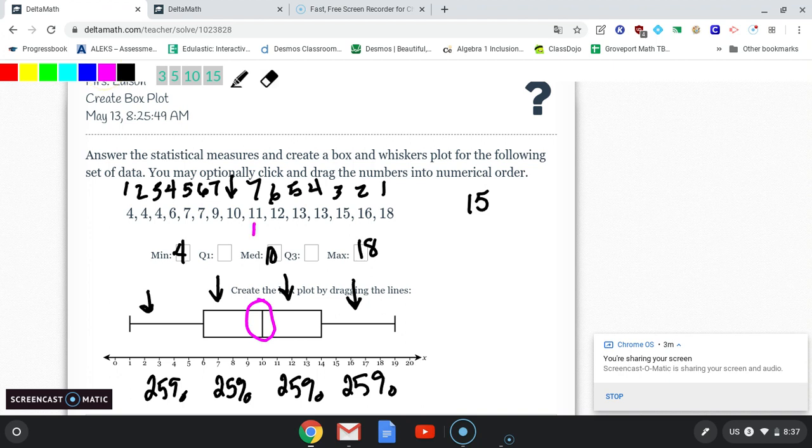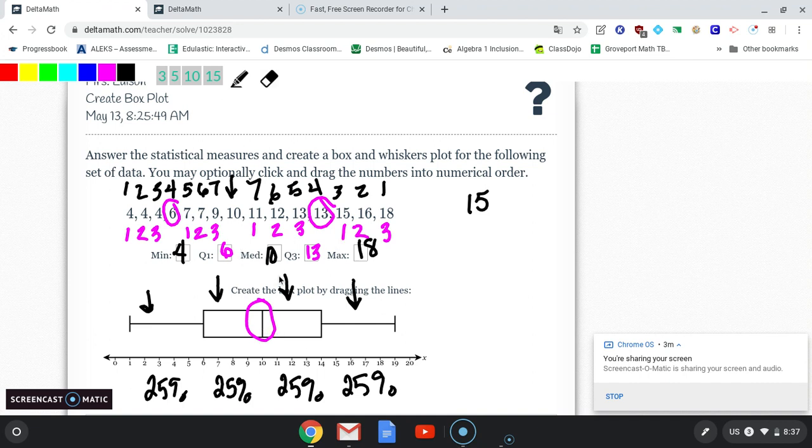So I have 1, 2, 3, 1, 2, 3. That means my third quartile is 13. And I'm going to do the same on the other side. And 6. So now I just have to manipulate the graph.